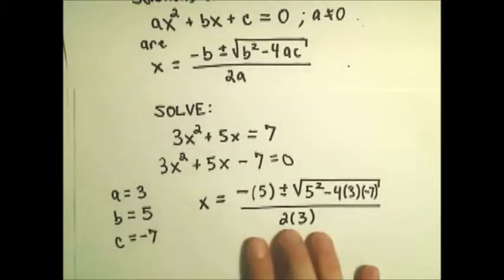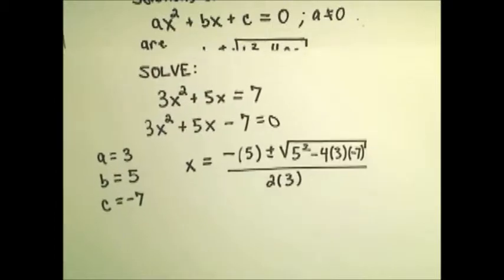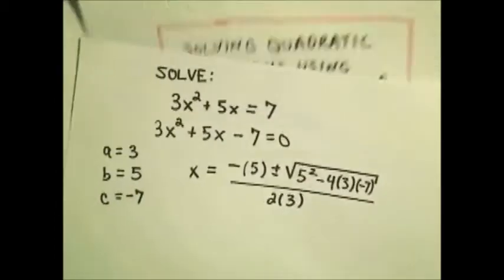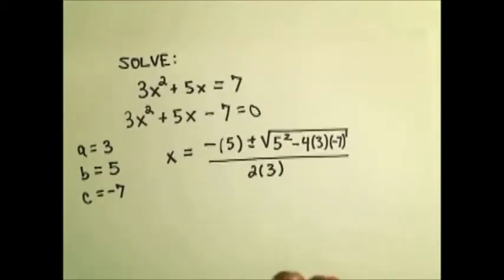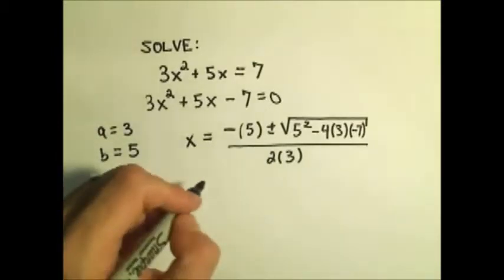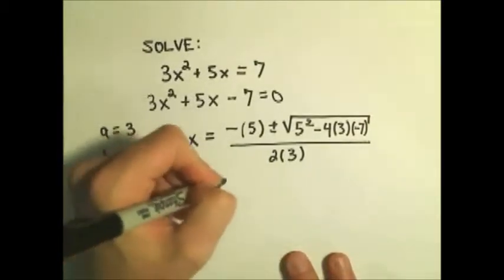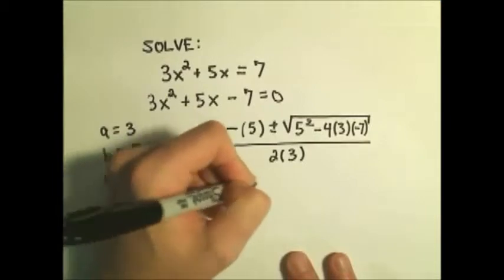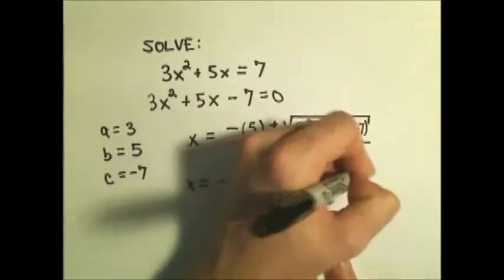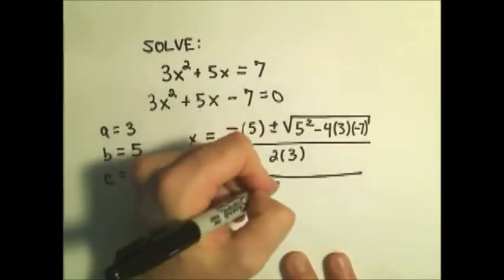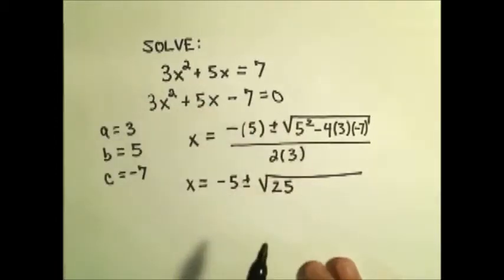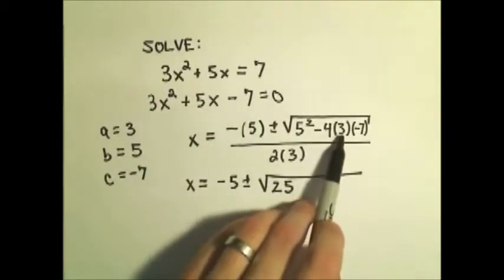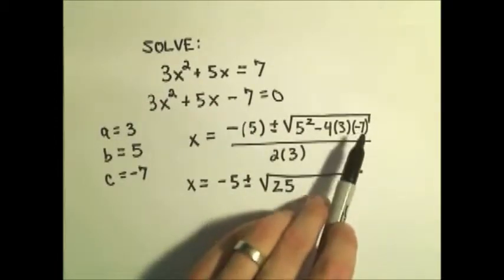So now it's just a matter of simplifying this expression and trying to reduce it if you can. So we have x equals negative 5 plus or minus the square root. Let's see, 5 times 5 is 25. And then we have negative 4 times 3 times negative 7.